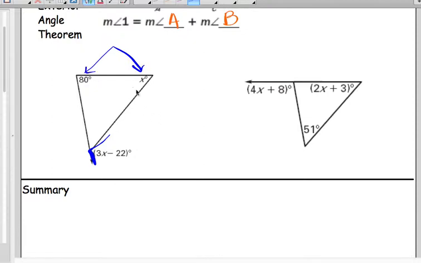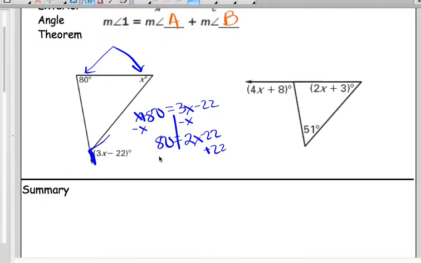So I'm going to set up my equation as x plus 80 equals my exterior angle, 3x minus 22. And this is the equation I'll have to solve. So I'm going to solve by subtracting x from both sides. Gives me 80 equals 2x minus 22.